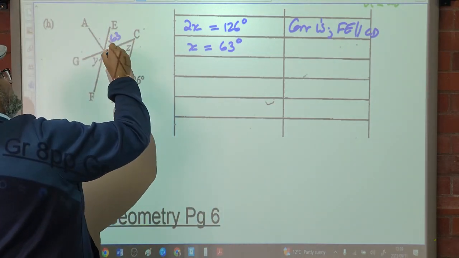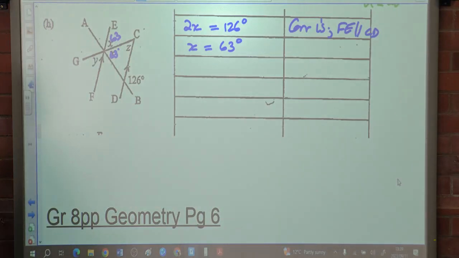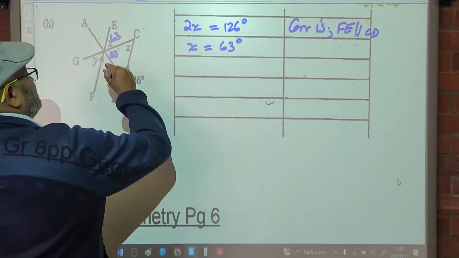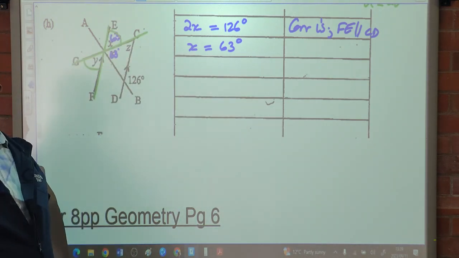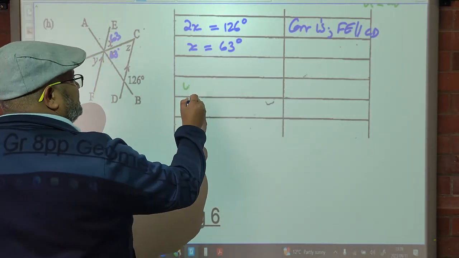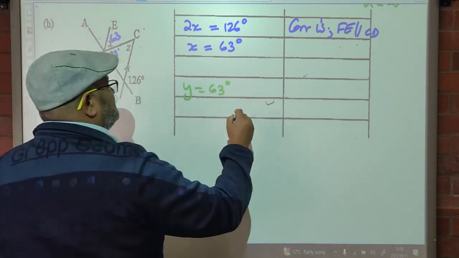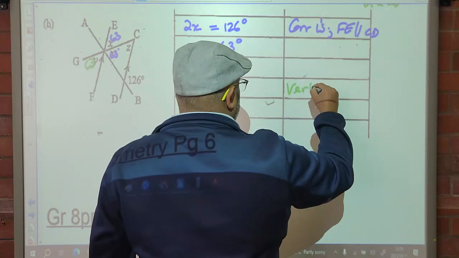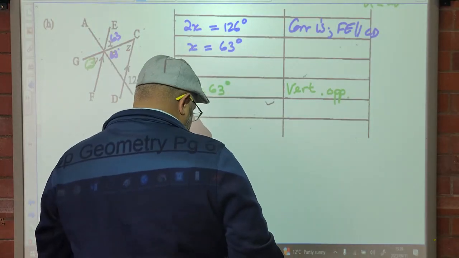So that x is 63 and this x is 63. You see that, people? Now what? Go with vertically opposite angles. So what do we say? Y is equal to 63 because it is vertically opposite. Okay. Z.